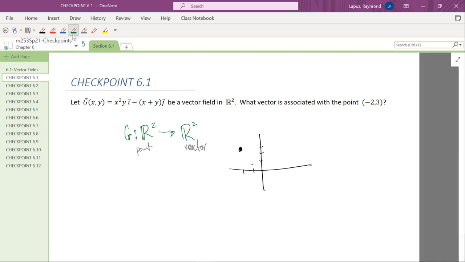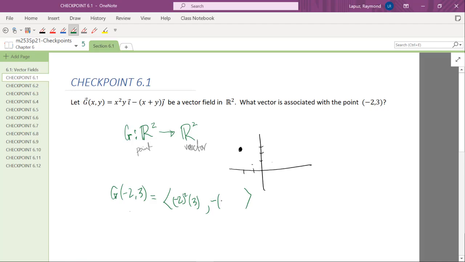Now we put that into the function g of -2, 3, and we will get out a vector. And in the first component, we're going to put -2 in for x and 3 in for y. And then in the j component, this has a negative sign automatic.